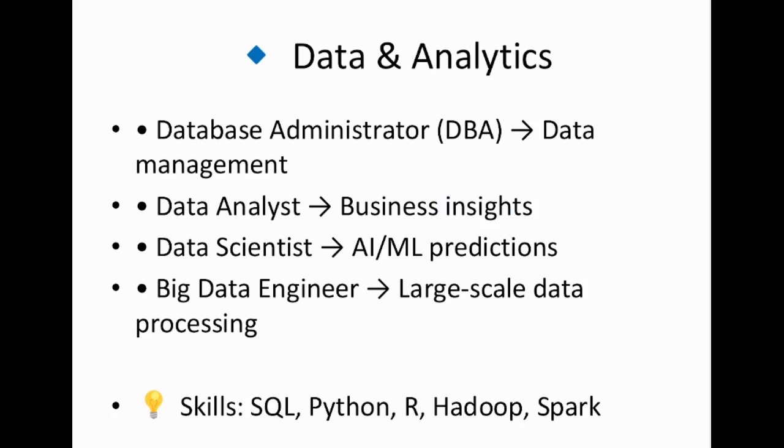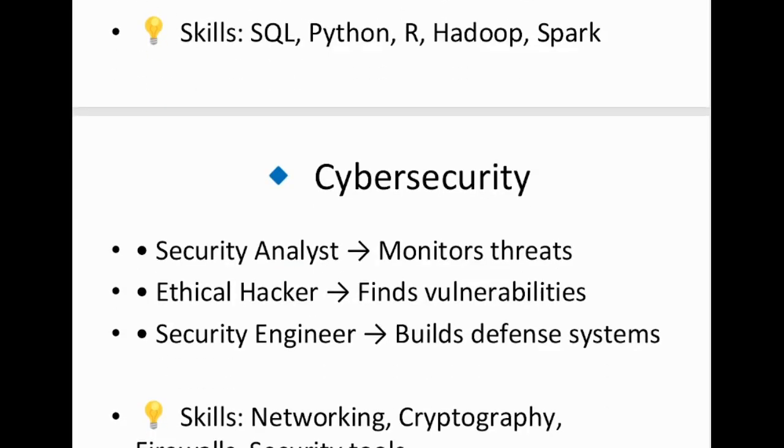And data scientist, AI and ML predictions. It mainly works on artificial intelligence and machine learning. Big data engineer works on large scale data processing. Skills required are SQL, Python, R, Hadoop, and Spark. Data and analytics.